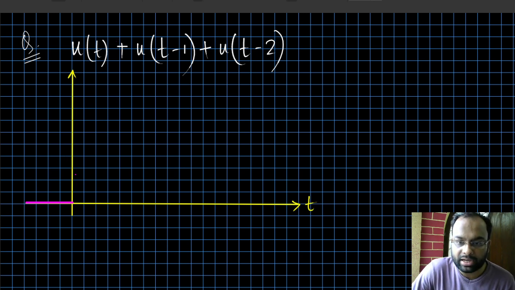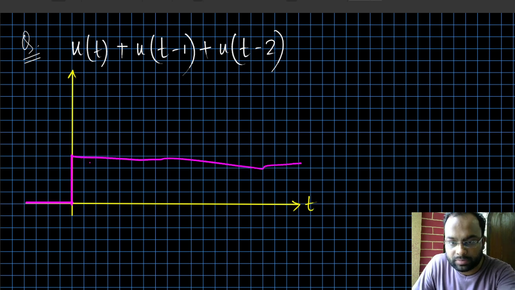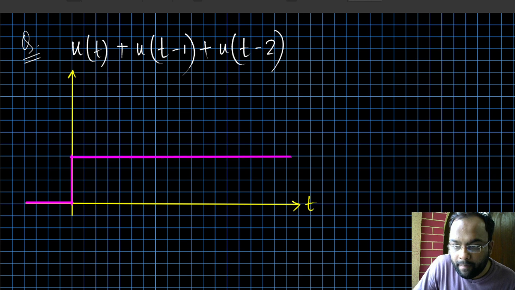Let me use a different ink. This is u(t), for example, but we don't just have u(t).